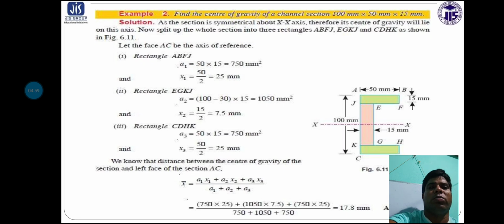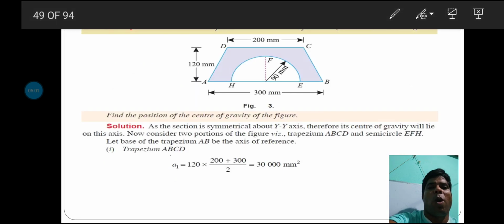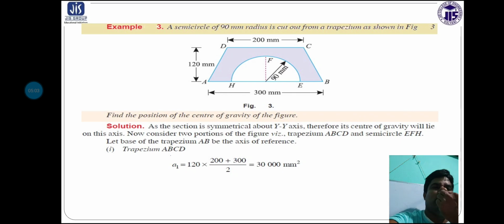Now the next problem is a semicircle. This figure has a cutting portion cut out from the whole figure. So in this type of figure, the CG will not be calculated in the usual systematic way.